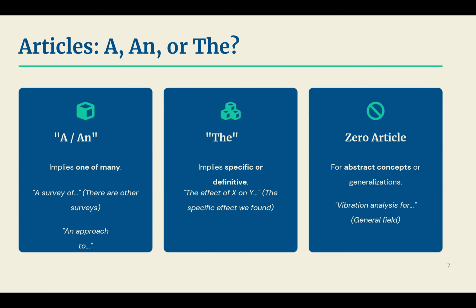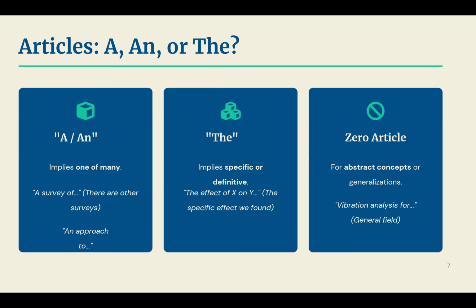Now, articles typically act as a determinant of a noun. "A" or "an" implies one thing among many. When you project your research, you have to keep in mind that sometimes your research is one among many other studies.